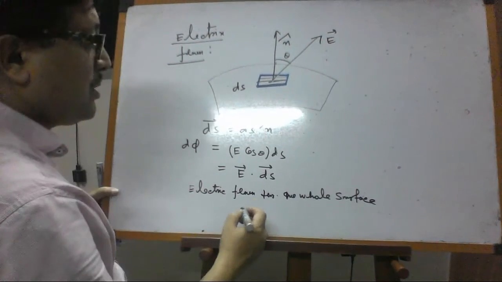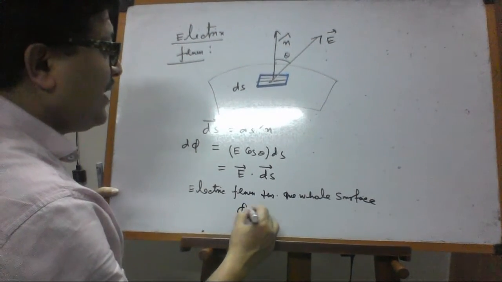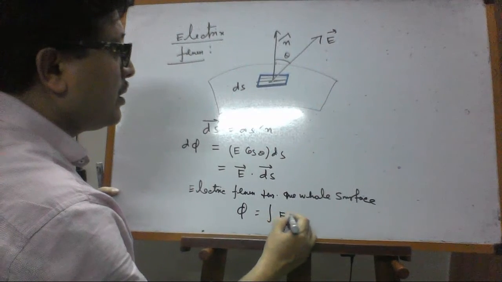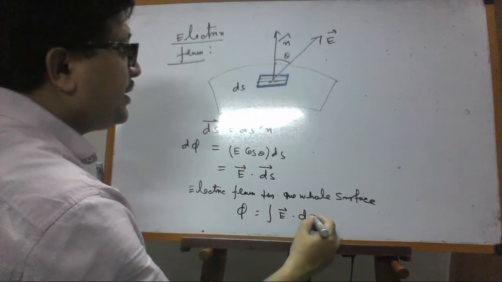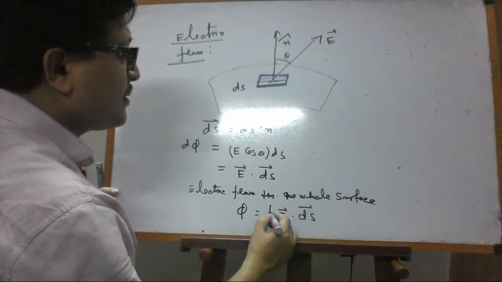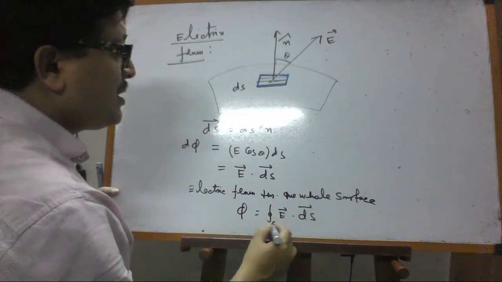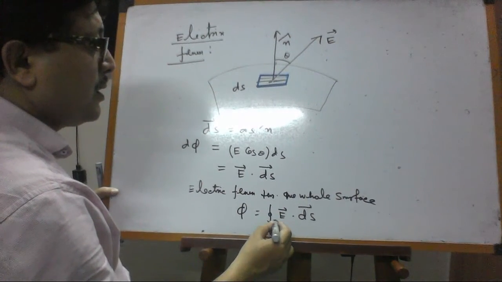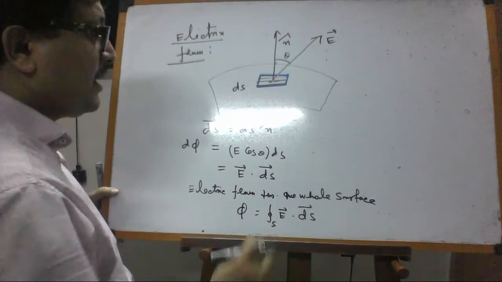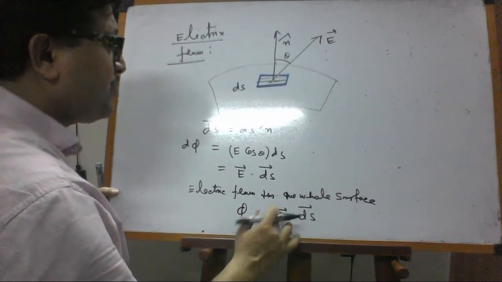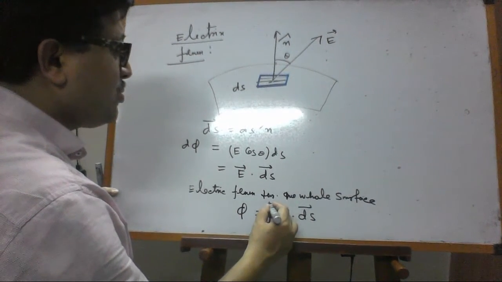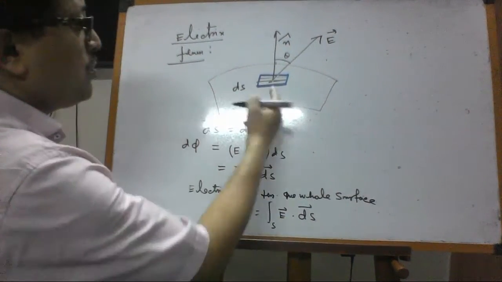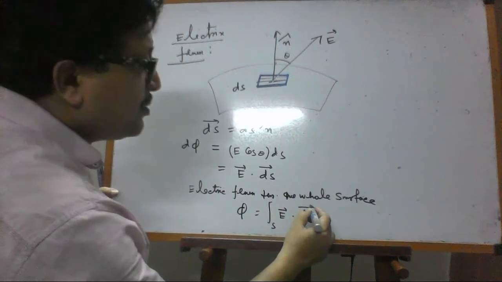electric flux through the whole surface is given by phi equal to integration E dot ds over the surface. This is taken as s. It is not necessary to take s over there, but it means over the whole surface. Actually, there is use of double integration here.